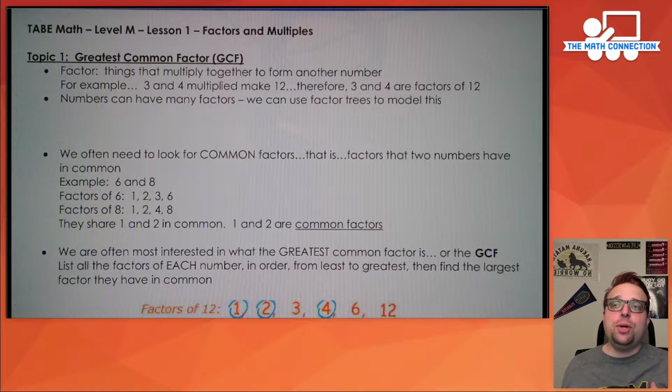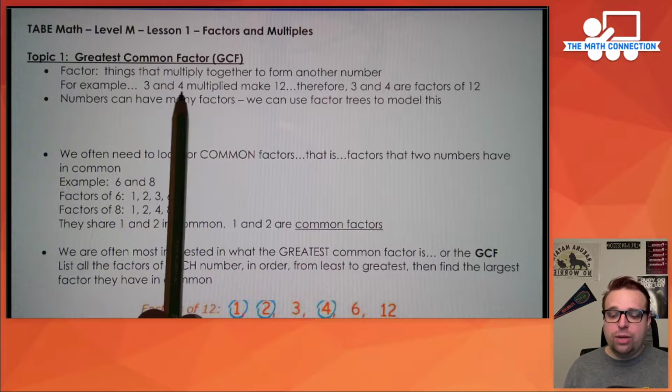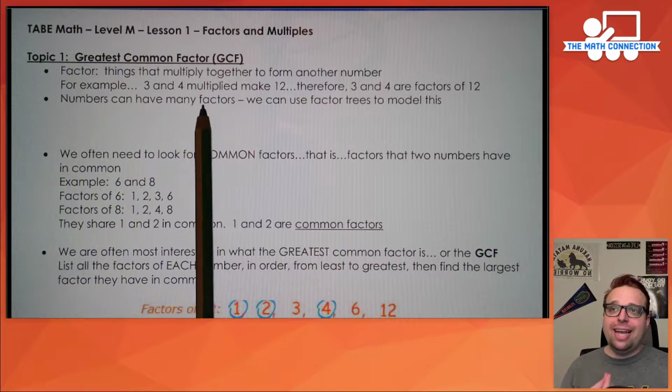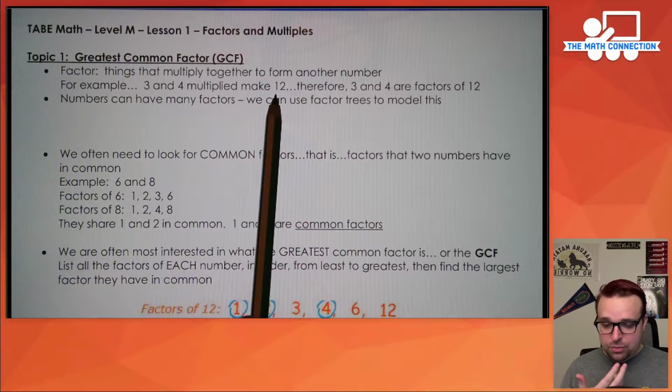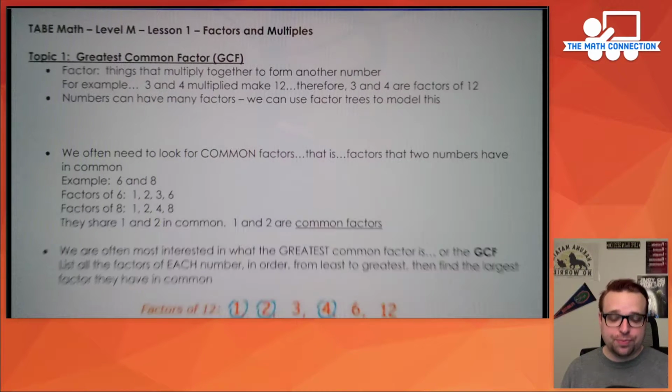And when you go backwards, like if you're doing division, then you're looking for two factors that when they multiply together, you get that larger number. For example, in the first example here, 3 and 4 multiplied together make 12. 12 is that larger number. Therefore, we can say that 3 and 4 are factors of 12.